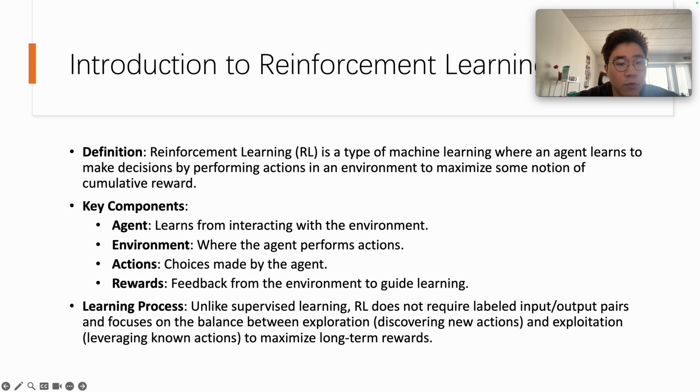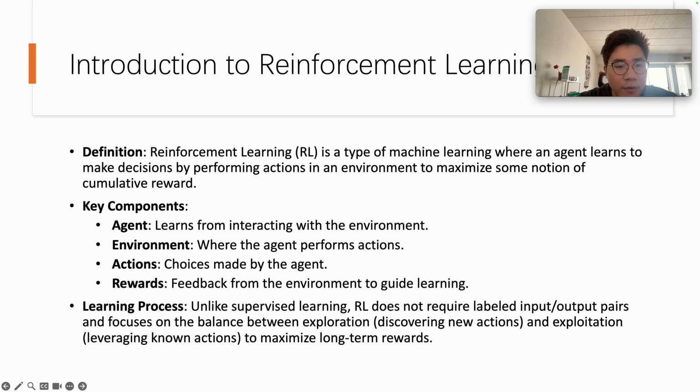So before we dive deep into the paper, there's some background knowledge that will be really helpful for you to better understand what the paper is based on. Let me give you a brief introduction to what reinforcement learning is. Reinforcement learning is a type of machine learning where an agent learns to make decisions by performing actions in an environment, trying to maximize some notion of cumulative rewards.